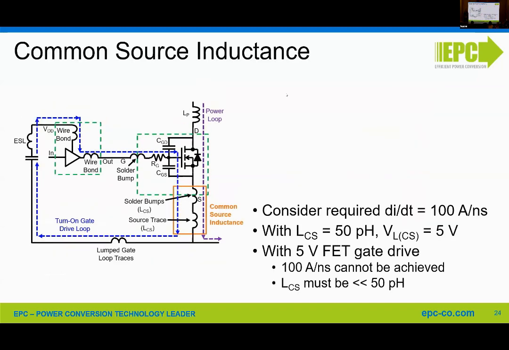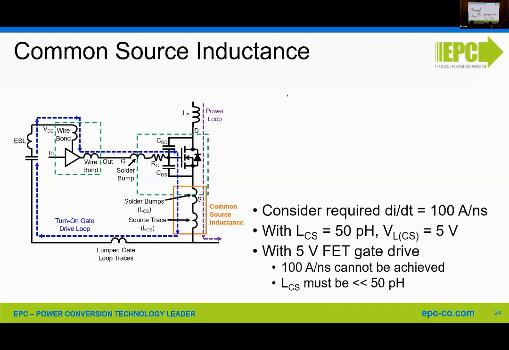If you consider your power loop, you're looking for around 100 amps per nanosecond, and that 100 amps per nanosecond is seen across the common source inductance. So even if you have as low as 50 picohenries of common source inductance, basic electronics says V equals L di/dt, and your common source voltage is going to be 5 volts.